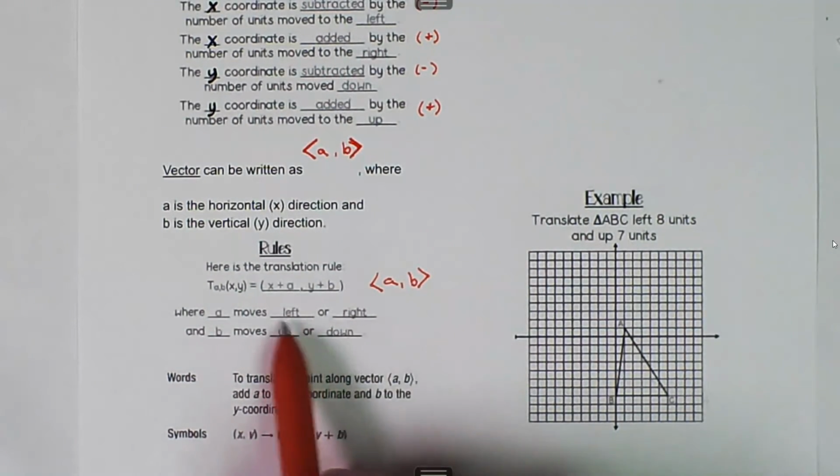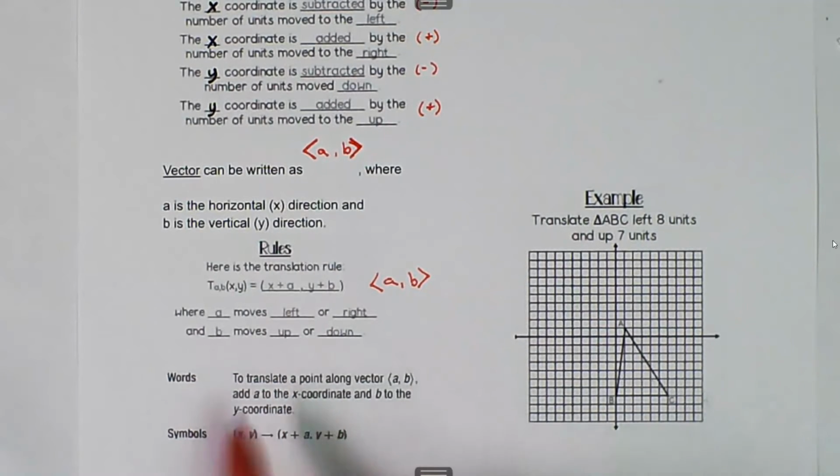So A is going to move it left and right, and B is going to move it up and down. So to translate a point along vector AB, add A to the X coordinate and B to the Y coordinate, similar to how we have it written right there.